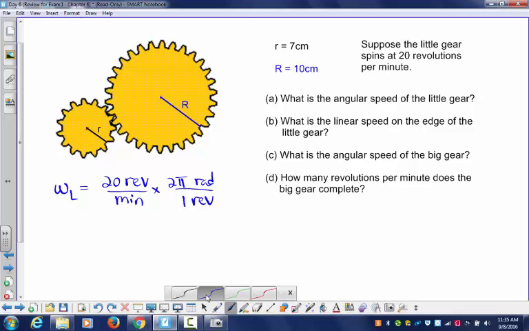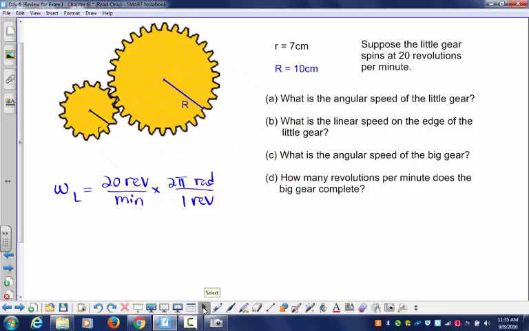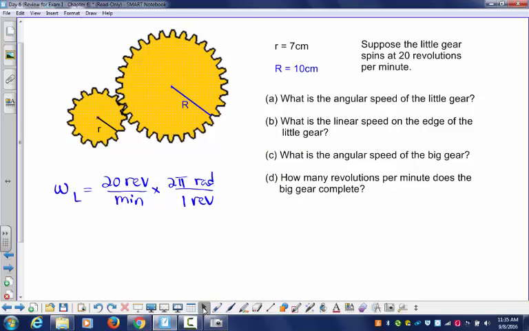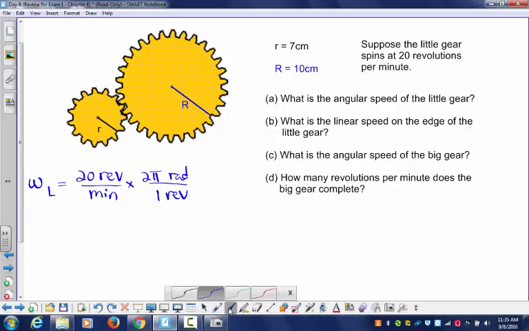And we'll just leave it in exact form, leaving the pi in there instead of moving the pi around, giving 40 pi. And then the revs cancel, so we're left with radians per minute. All right, so that's part A. 40 pi radians per minute.